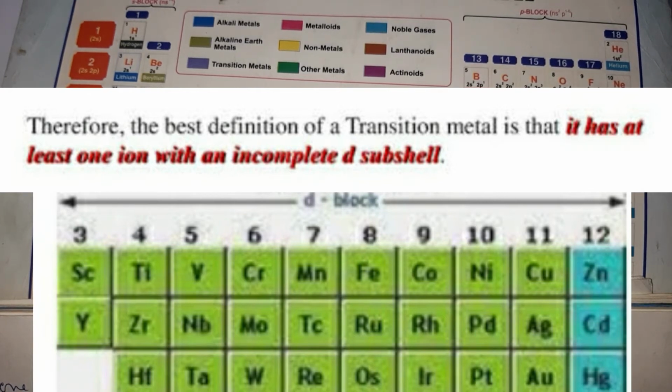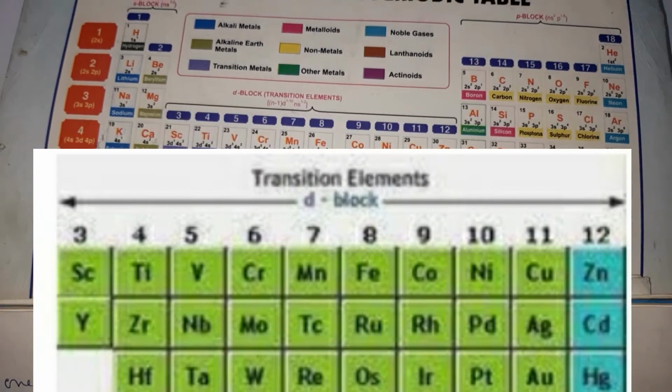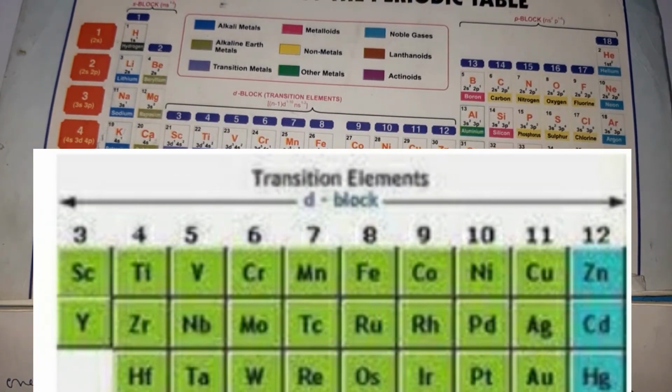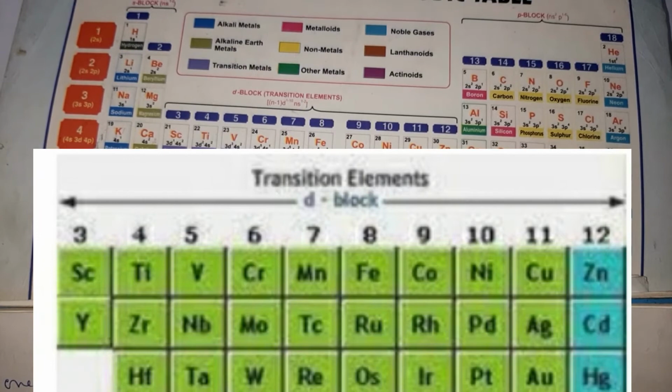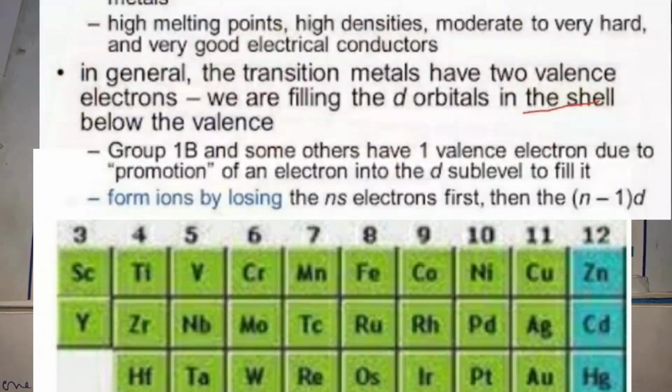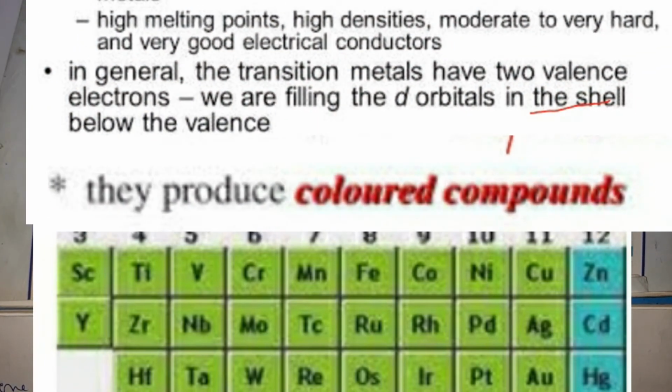Then what are the properties of these transitional elements, children? What are the properties of these transitional elements, or as we call them, D block elements? These have high melting points and high densities, are moderately to very hard, and are very good electrical conductors.